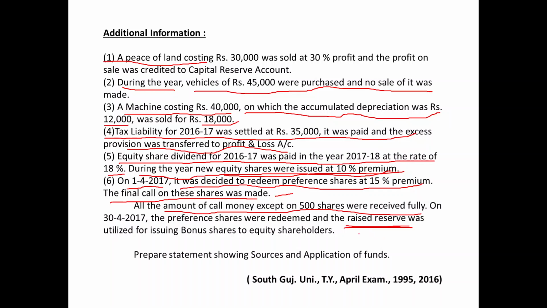And over here the words that have been used is raised reserve. So it is very clear, though hidden, that the company has utilized the first option, the profit option, and that is why reserve was created and was utilized for issuing bonus shares to equity shareholders.